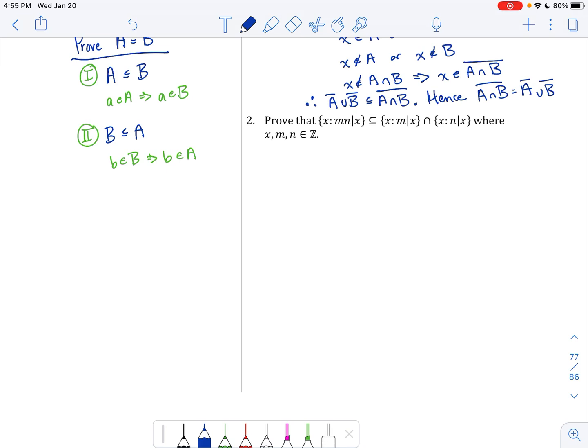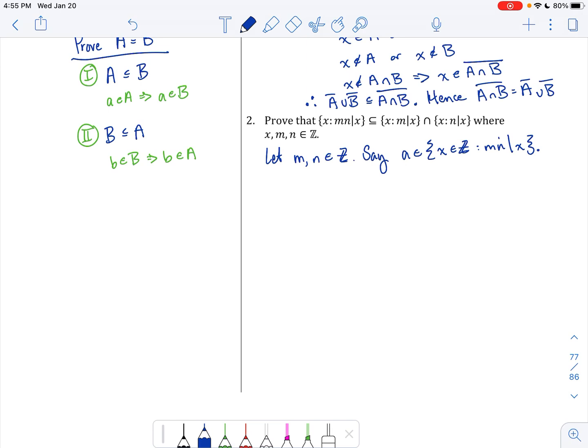So what we want to do here is say let M and N be integers, because that's given there, and we're going to say that there is an element A in that first set where this is also an integer, MN divides X. Our goal is to show that this element A must be in this intersection of our second sets.